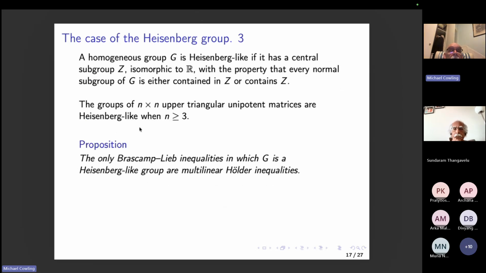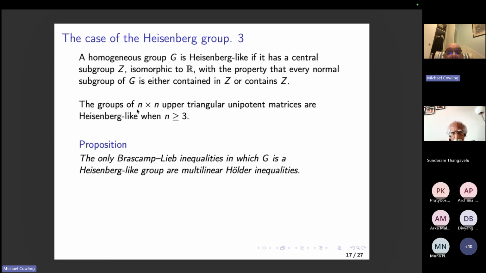Now let's make this just a little bit more general and say the homogeneous group basically is a nilpotent group. We'll call it Heisenberg-like if it's got a central subgroup Z isomorphic to R with the property that every normal subgroup of G is either contained in Z or contains Z. And the point of this is that actually it's not just Heisenberg groups that are like this.